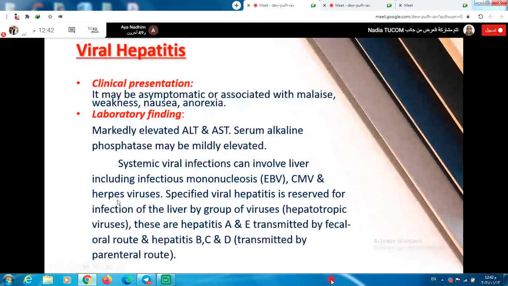These are viruses that can non-specifically infect the liver.